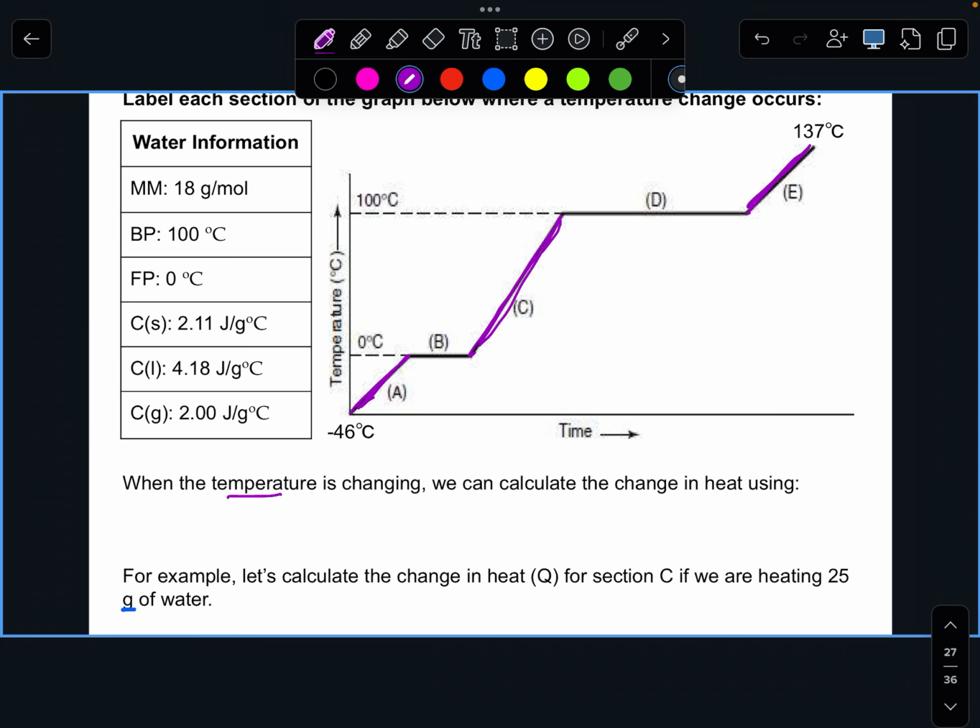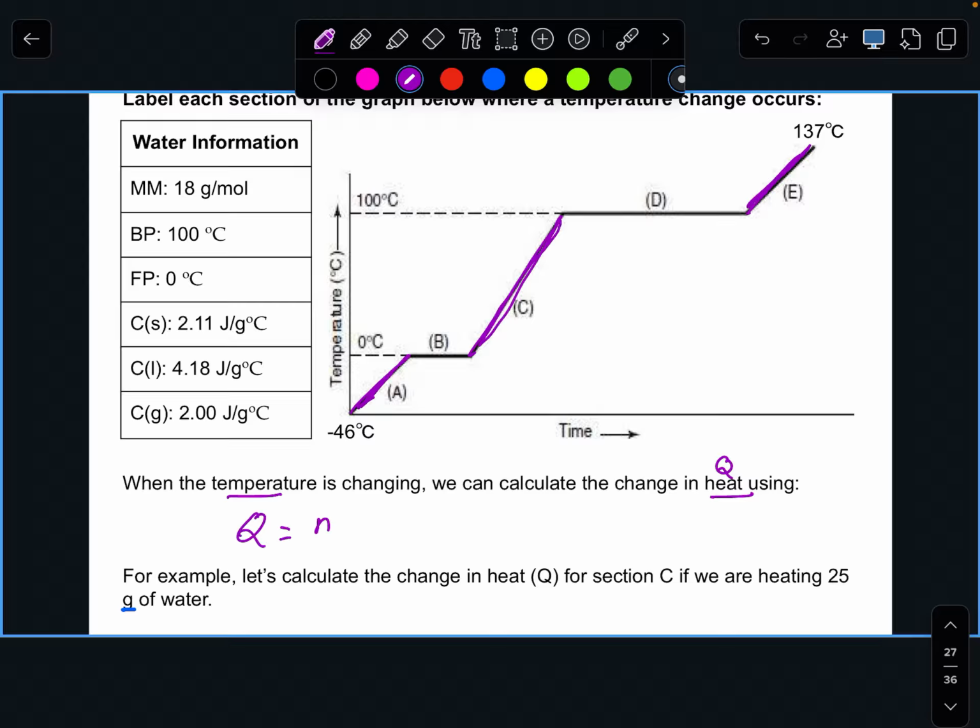When the temperature is changing, we know how to calculate Q. What is the equation for Q if temperature is changing? Q is equal to, there is only one equation. Yeah.